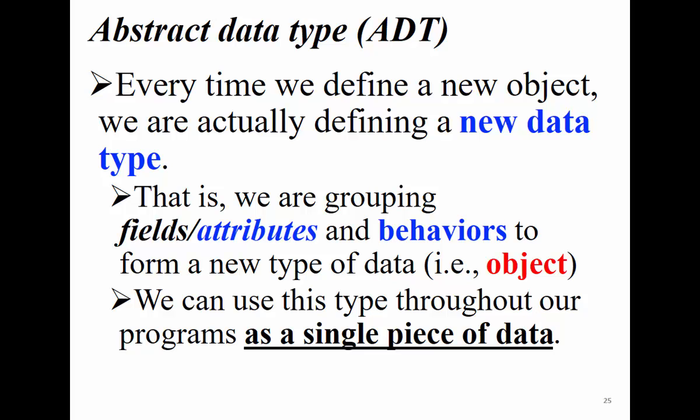You have the behavior and you have the data, and you put them all in one unit, and you call it an object by defining a class in your application. Once you gather the attributes or fields with the methods together, you start treating this as one unit or one piece of data. As you saw, car is one piece of object. Bicycle is one piece of object.